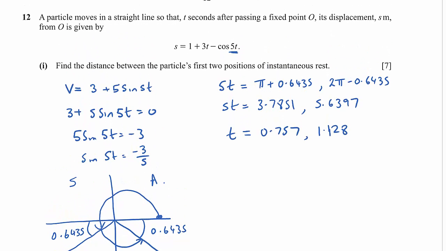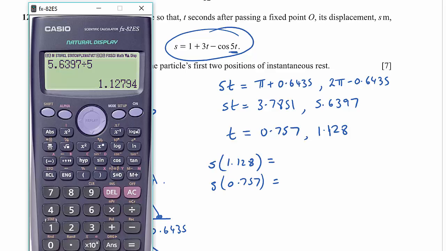Okay, so S of 1.128 is equal to something, and S of 0.757 is equal to something, and we're going back to the S here.